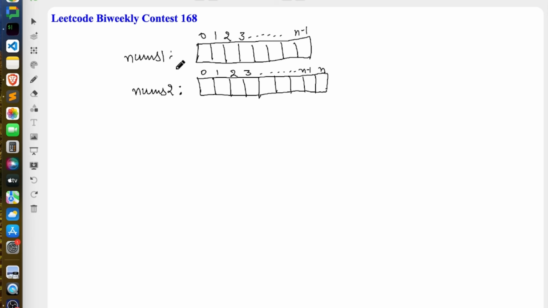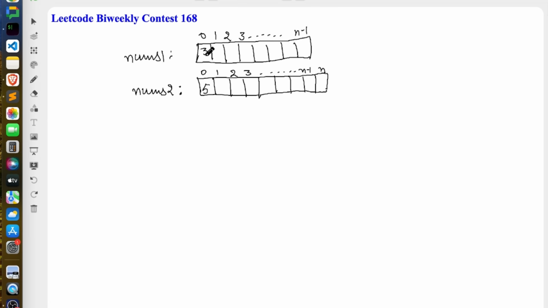In problem number 3, we are given nums1 and nums2. The length of nums1 is n, from index 0 to n minus 1, and the length of nums2 is n plus 1, one extra, right? Index from 0 to n, and we have to convert nums1 to nums2. What it means, if you observe it carefully, is that let's say nums1 contains some number, let's say 3, and let's say the number at the first index of nums2 is 5.